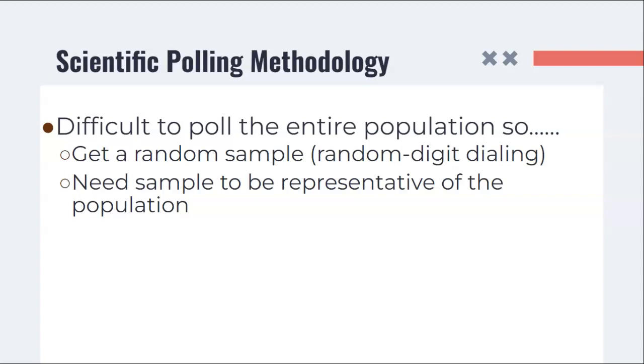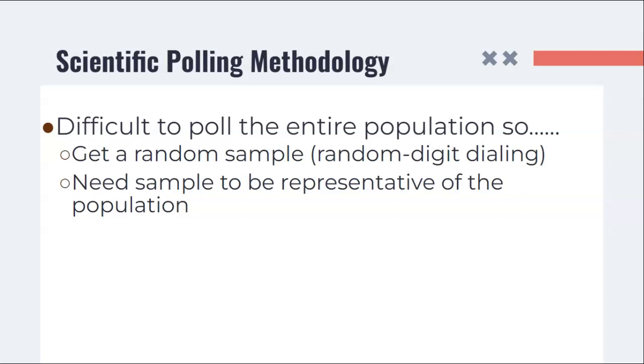However, it's very impractical and unrealistic to assume we're going to poll every single member of the United States population. So rather, what we do is we conduct a poll using a random sample. Random sampling as a method of polling is a method in which every single member of the population has an equal chance of being randomly picked.